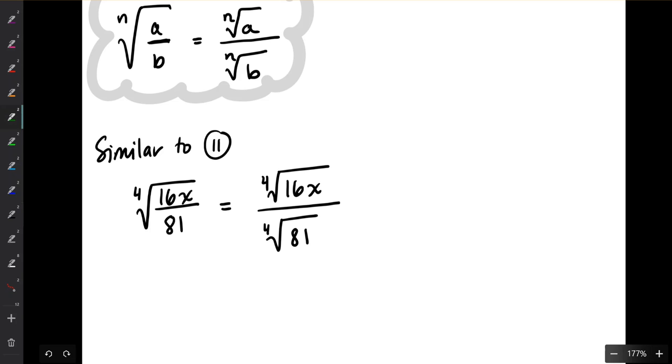Now 16 happens to be a perfect power of 4. 16 is 2 to the fourth.